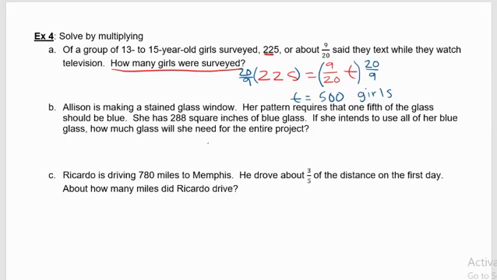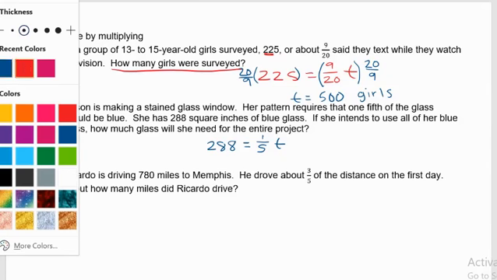It's saying that I have 288 inches of blue, and I need 1/5 of it to be blue. So that 288 inches equals 1/5 of the entire project, the total square inches of glass.